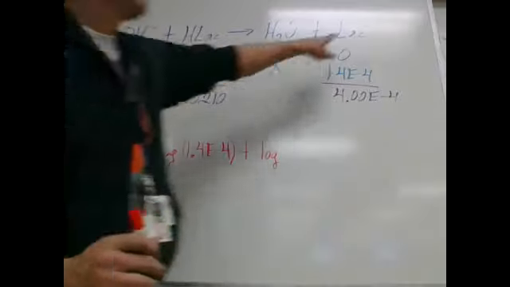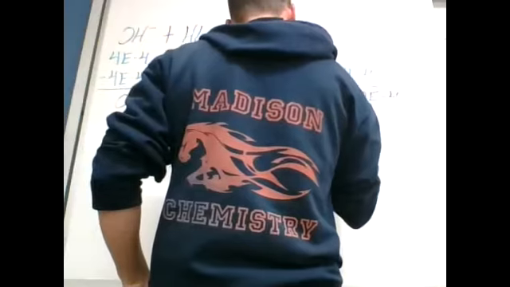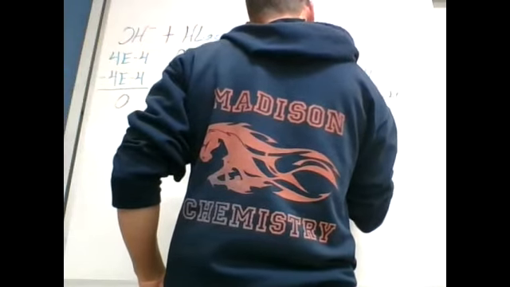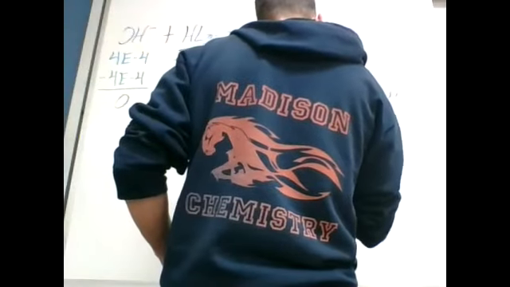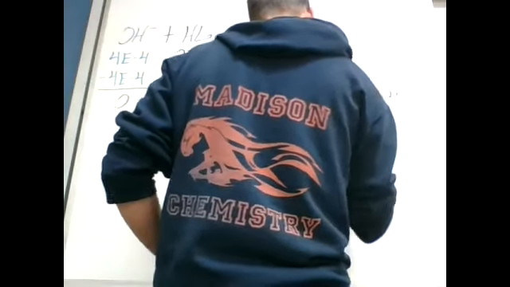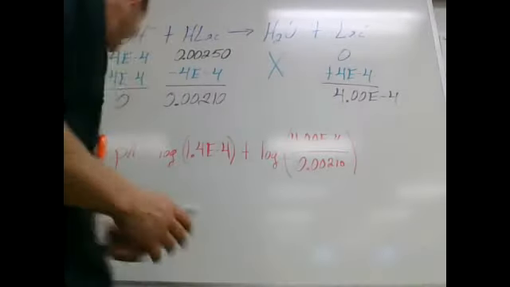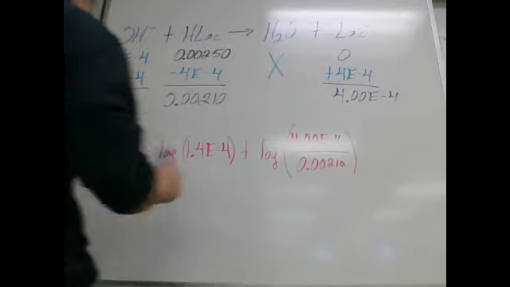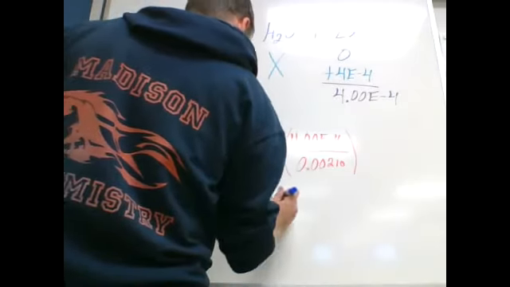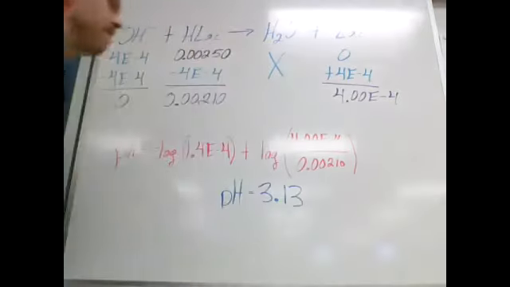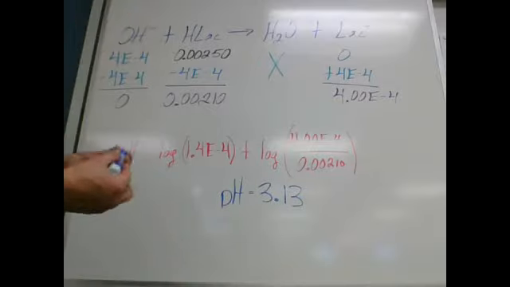Plus the log of the ion over the weak. So this will be 4.00 E negative 4 over 0.00210. And I get a pH of 3.13. Those of y'all watching the video can pause to verify these numbers as I work through the steps with you.